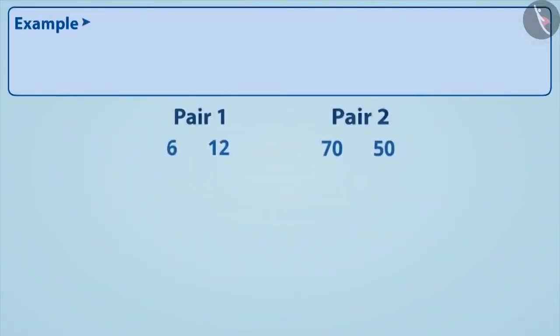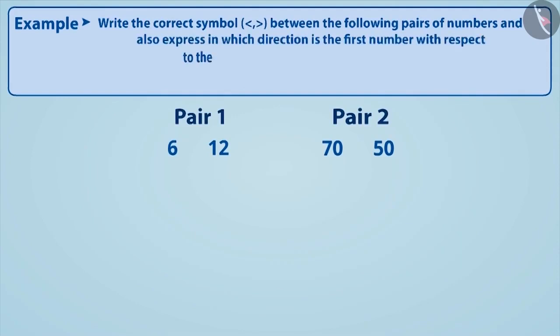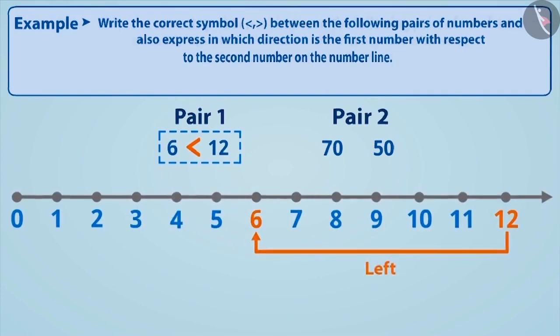Next example. Write the appropriate symbol between the following pairs of numbers and also express in which direction is the first number with respect to the second number on the number line. Number 6 is smaller than number 12. So 6 is located on the left side of 12 on the number line.